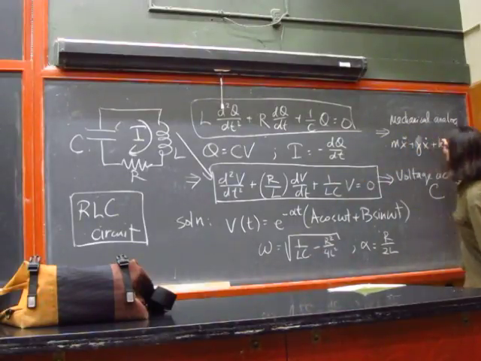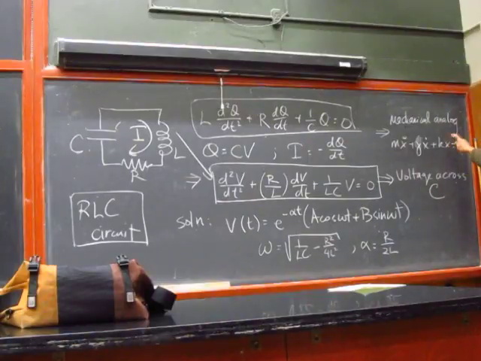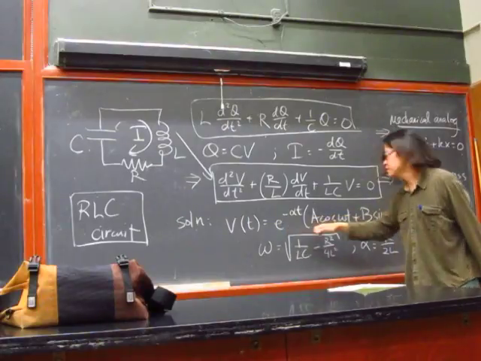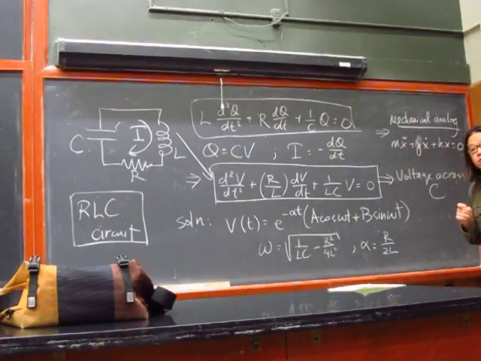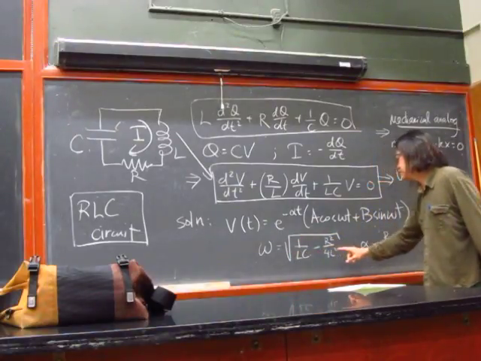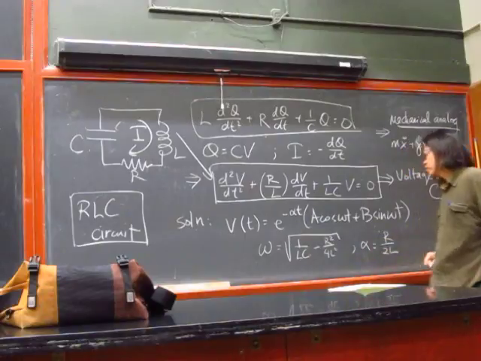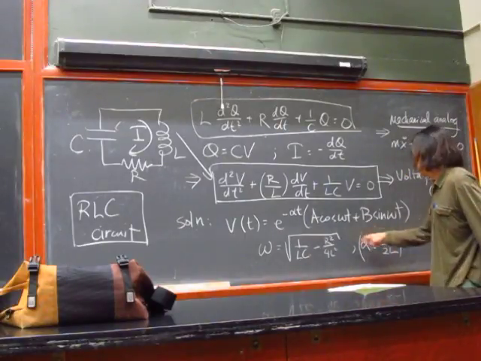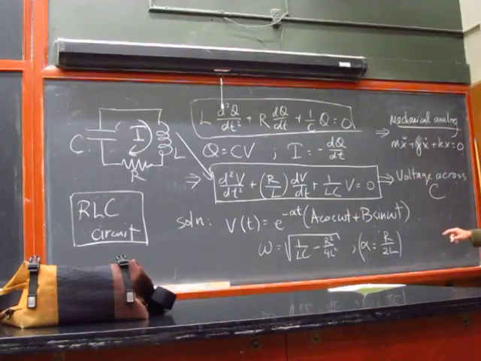The analog here, as we discussed on Tuesday, is a mechanical analog where you have a damped harmonic oscillator, and the solution is given by a decaying exponential times a sinusoidal function. And omega here is given by the square root of 1 over LC minus R squared over 4L squared, and alpha, which is the decay term, is given by R over 2L.